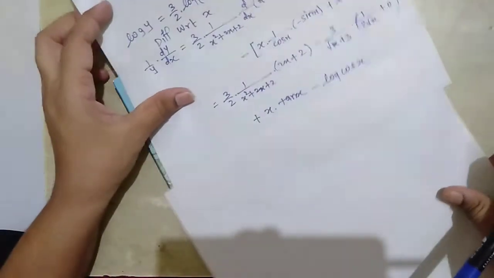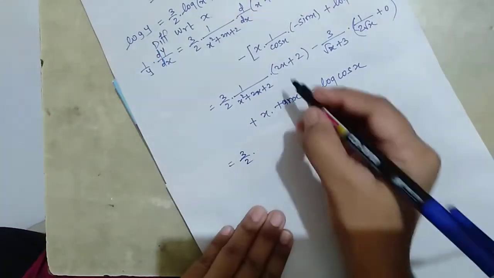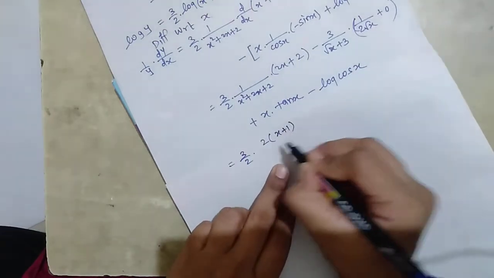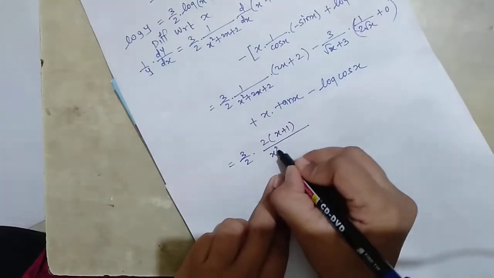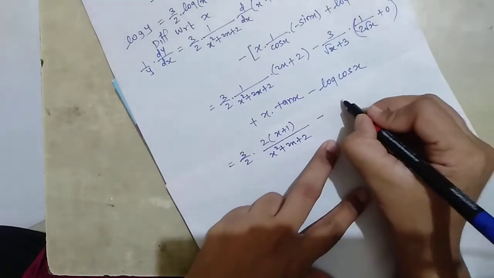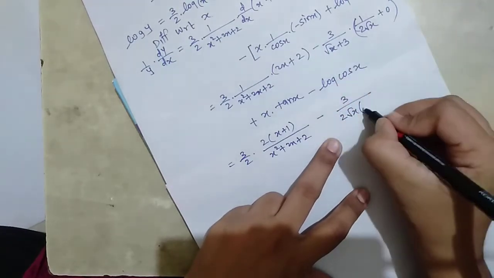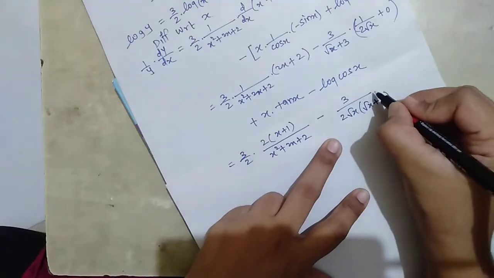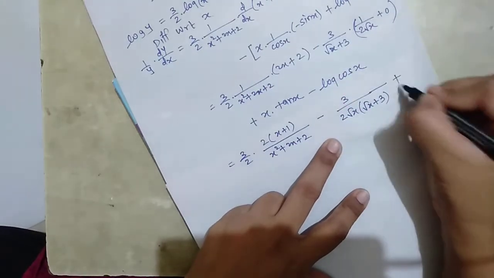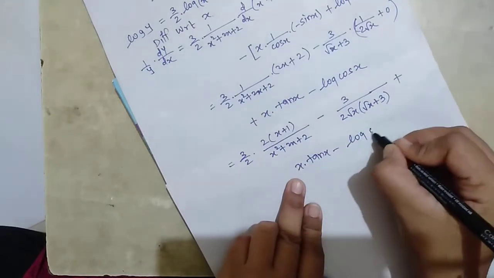Let us see what further simplifies. So it is equal to 3 by 2. Here you can take 2 common, so in the bracket it is x plus 1, denominator x square plus 2x plus 2, minus 3 divided by 2 into root x into root x plus 3. I have written this 2 root x here into root x plus 3, plus x into tan x minus log of cos x.